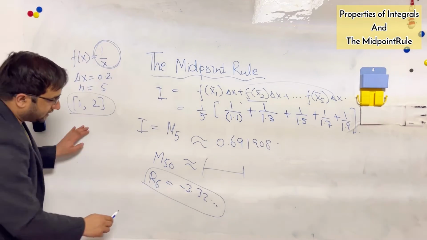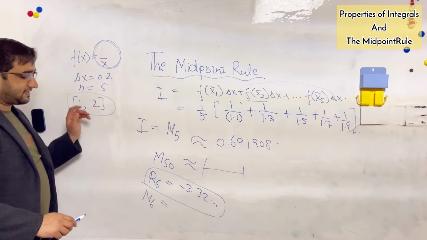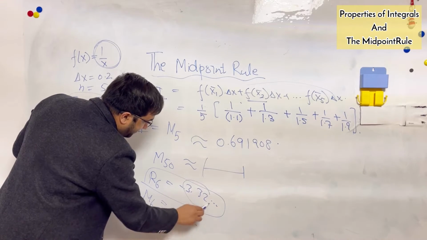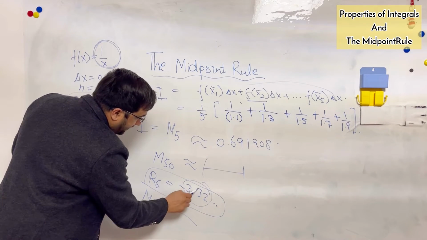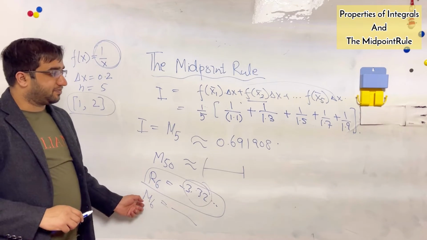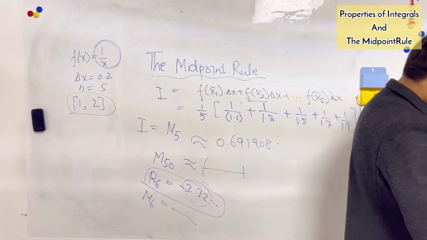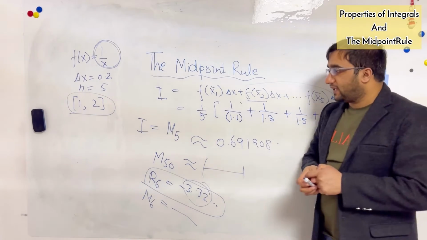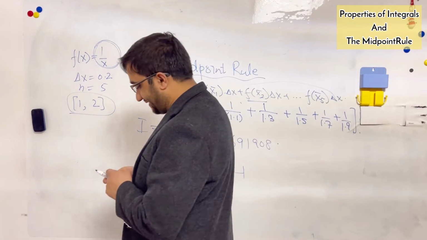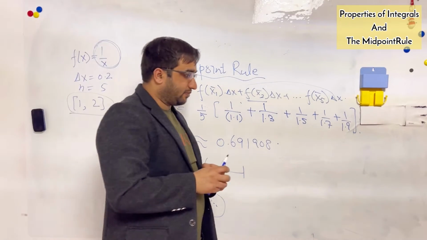So if we do M6 for the same question, this number will not be the same. It will be better than this number because we are using the midpoint. The point of interest is that the midpoint rule is always better than the left or the right endpoint rule.